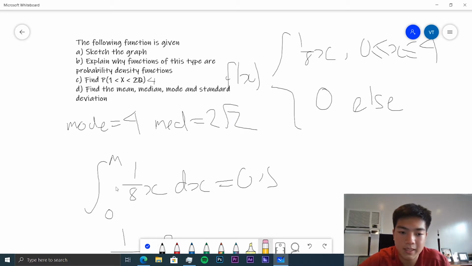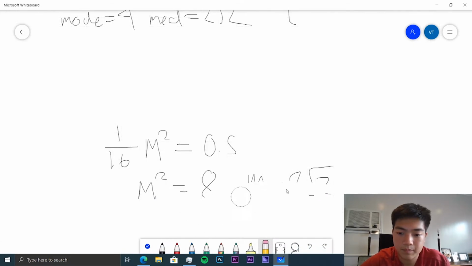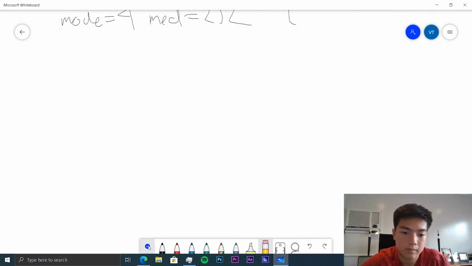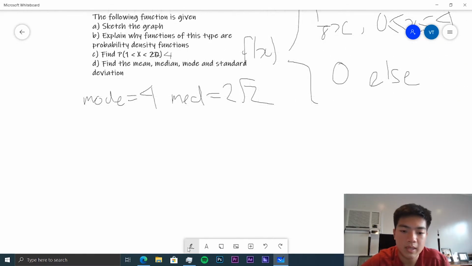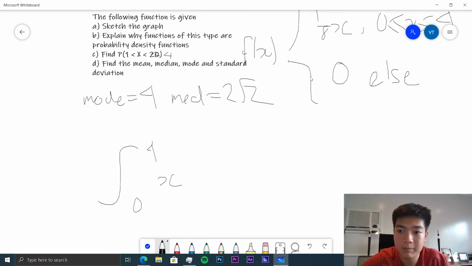And then finally we get to the mean. The mean will be equal to the integral between 0 and 4 of x times 1/8 x, so this is 1/8 x squared dx.